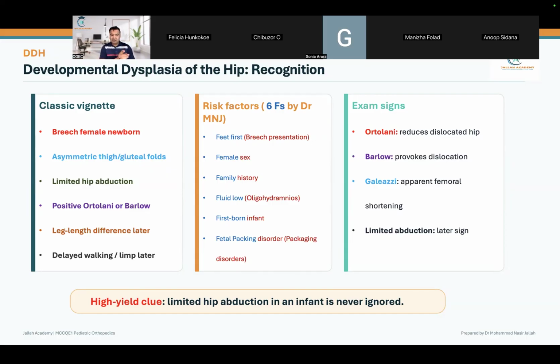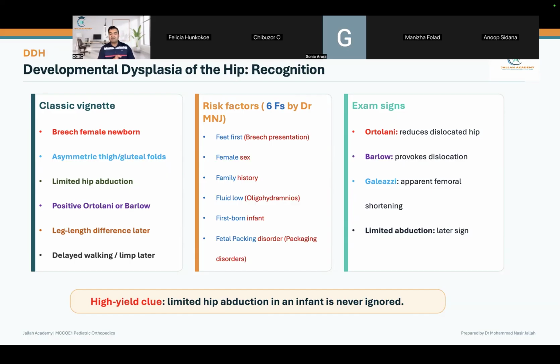If they want to test you on developmental dysplasia of the hip, usually they give you a scenario about an infant who was breech. Another F stands for female sex. They give you an infant who is female. Not only did she have a breech presentation, she's a female.